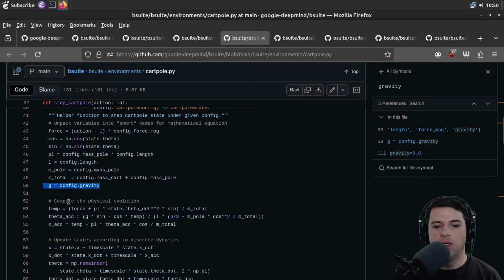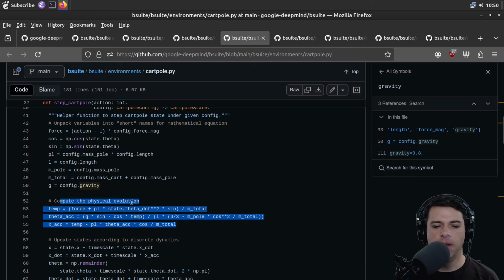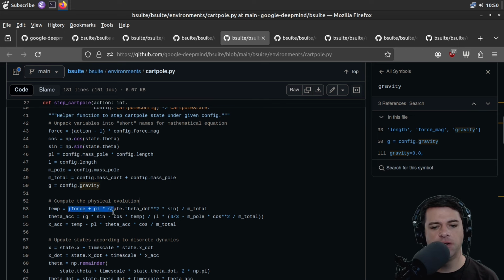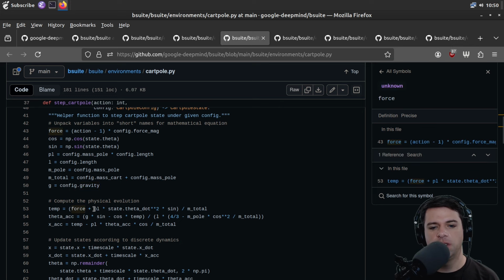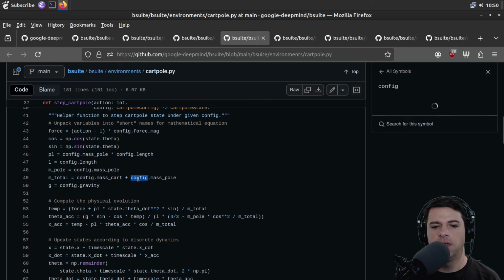And we compute the physical evolution. So this should basically just be a model of the physics. Temp is some temporary variable, I assume, and maybe not temperature. We're going to take force plus the pole mass thingy times the theta dot squared times the sine of theta, and divided by m total, M as in mass.